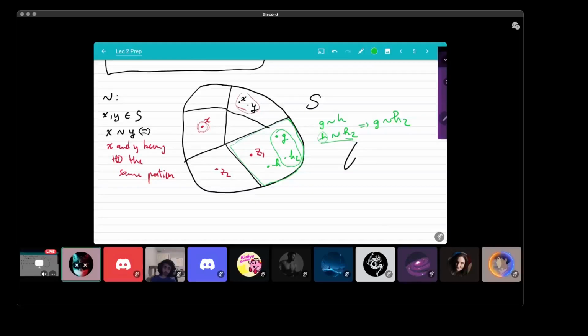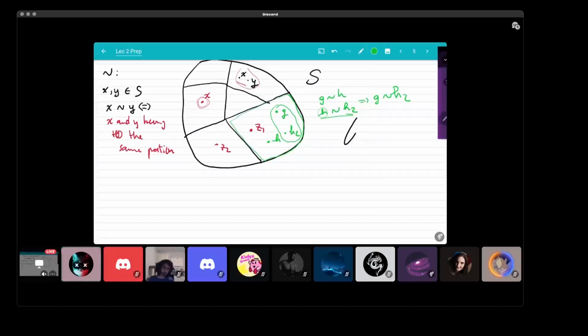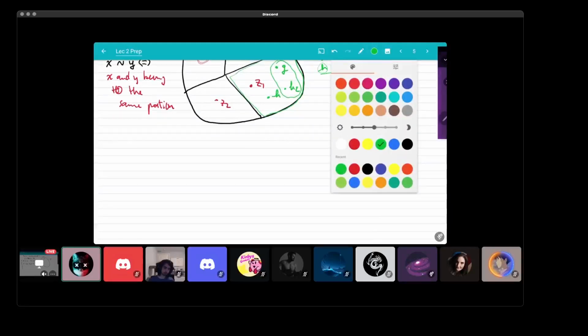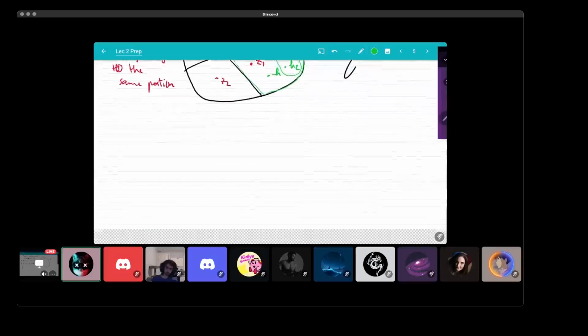But we'll see that actually defining an equivalence relation on a set also leads us to a way of subdividing the set, in a partition.